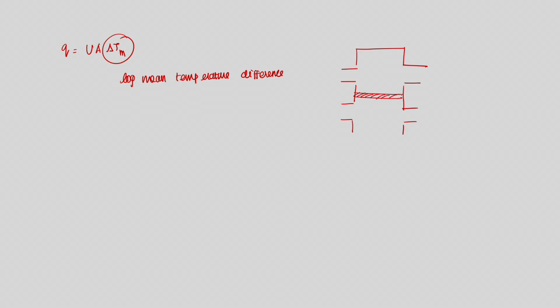So, I am putting this as a wall. So, here is your hot fluid in. So, here is your hot fluid out. So, cold fluid in, I am taking co-current flow, and cold fluid out. Okay.